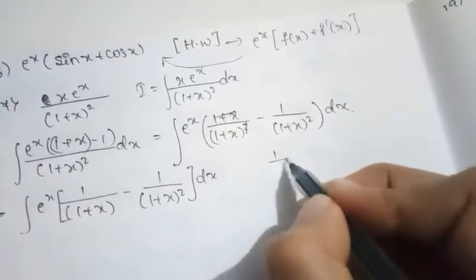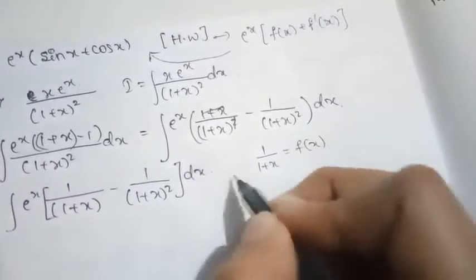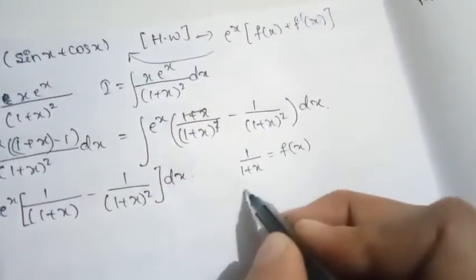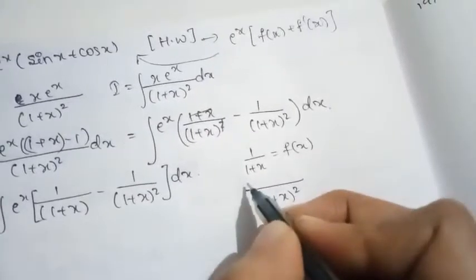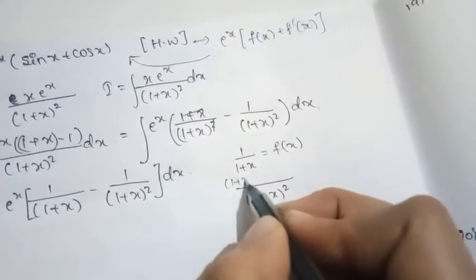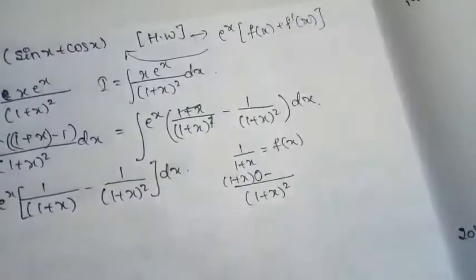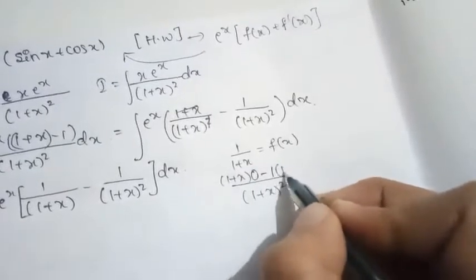Suppose I consider 1 divided by 1 plus x is equal to f of x, and if I differentiate this one, what happens? As per the quotient rule, it goes with 1 plus x whole square, and 1 plus x into the differentiation of the numerator. Since it is a constant, it becomes 0, minus 1 into the differentiation of the denominator, which is 1 itself.